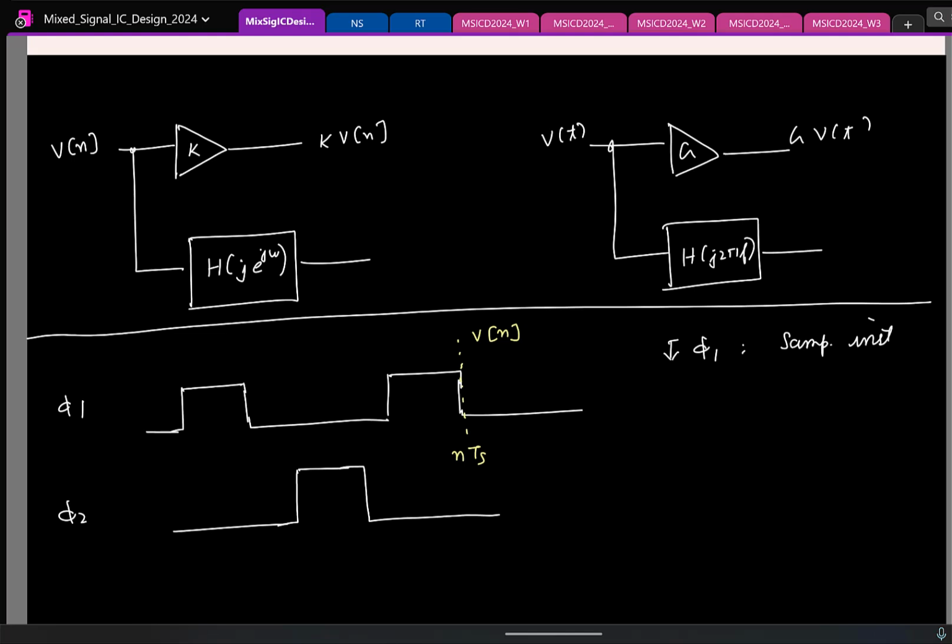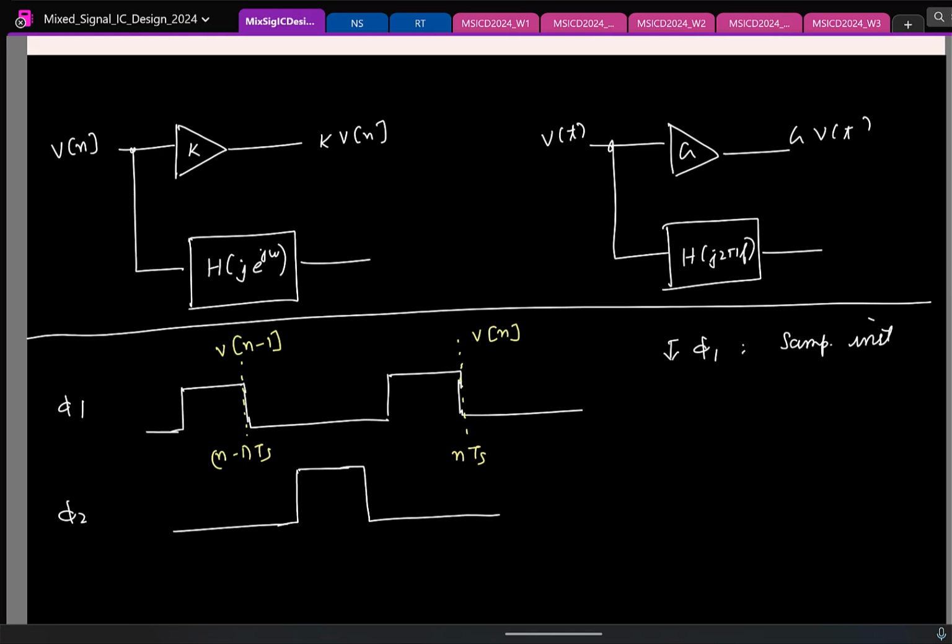So this is clear. Tell me what will be this time instant. One clock period earlier, that is n minus 1 times Ts. So what will be the signal sampled at this time instant? v of n minus 1.